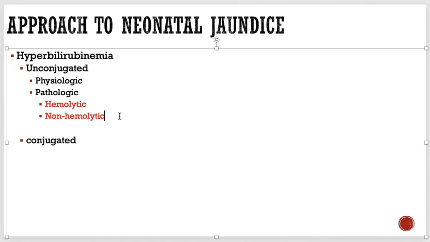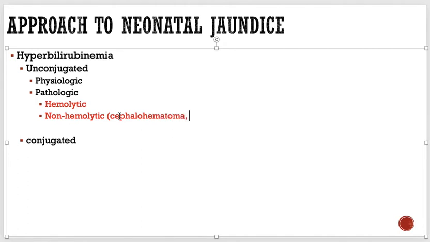For example, I will give the example of the non-hemolytic type of pathological jaundice. When the baby is born, I told you sometimes there can be a collection of blood under the skin, over the skull bone. We call it cephalohematoma.